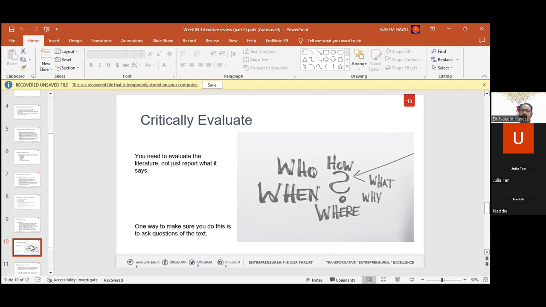Okay, not just saying that X says this is the fact, or X says X influences Y, or there is a relationship between X and Y. Also establish why there is a relationship. And when they report a relationship, who are the respondents who established it? What is their method of analysis?